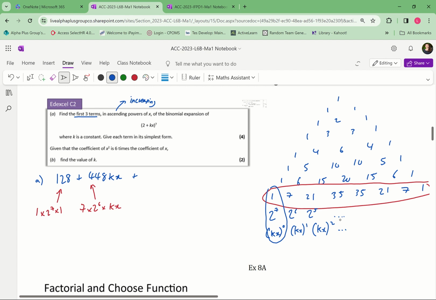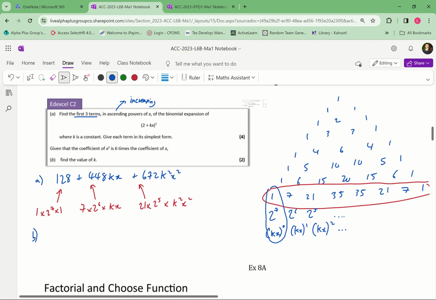And the third term is then going to be 21 times 2 to the power of 5, which is 32, times k squared x squared. So 21 times 32 is, hopefully my calculator is correct, okay, this is what my calculator's given me, so I hope you get the same thing if you put those numbers into your calculator as well.